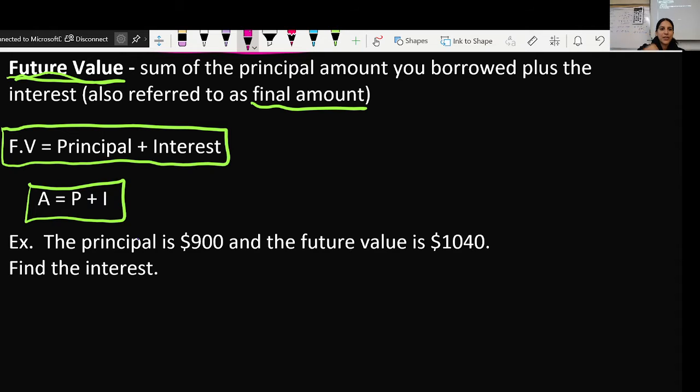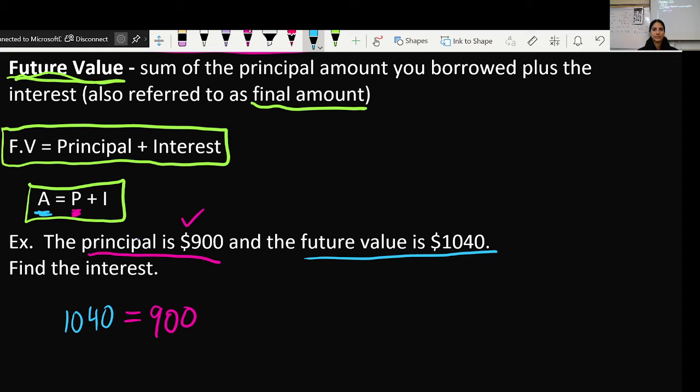It says the principal is $900. We know that it's going to go right here. So I'm going to say equals 900, and I'm going to fill that in already. And the future value is 1,040. I'm going to fill that in here. 1,040.